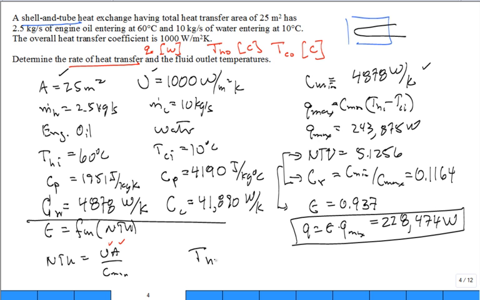The temperature of the hot out is the temperature of the hot in minus Q divided by the heat capacity rate of the hot fluid. So we calculate the temperature of the hot out, 13.2 degrees C. Likewise, the temperature of the cold out is 15.5 degrees C. This was a pretty straightforward problem, I hope.